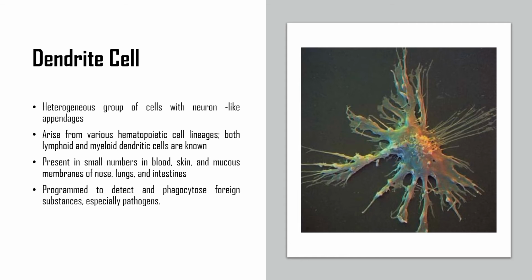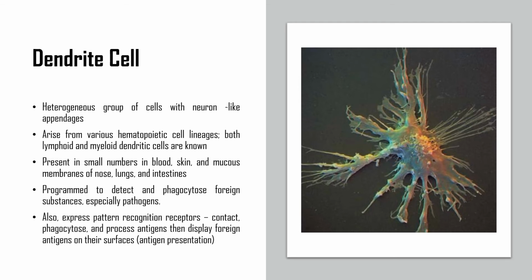They are programmed to detect and phagocytose foreign substances, especially pathogens. They also express pattern recognition receptors (PRRs), contact, phagocytose and process antigen, then display foreign antigens on their surface. This is called antigen presentation.